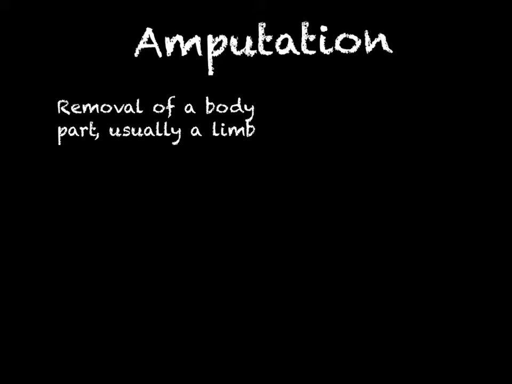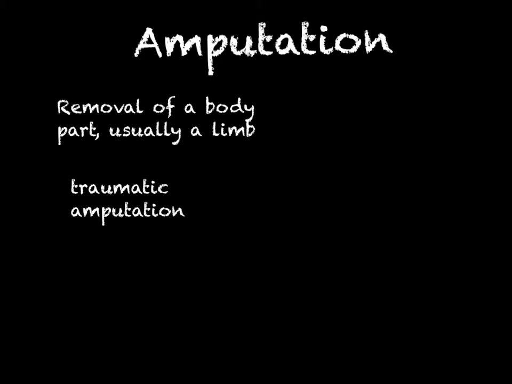There are two broad categories of amputation. We have traumatic amputations, and these are amputations that occur. Some of them might be a result of casualties of war, especially with the Middle Eastern conflicts. We saw a lot of people coming back after being injured with the IEDs, or the improvised explosive devices, rather.